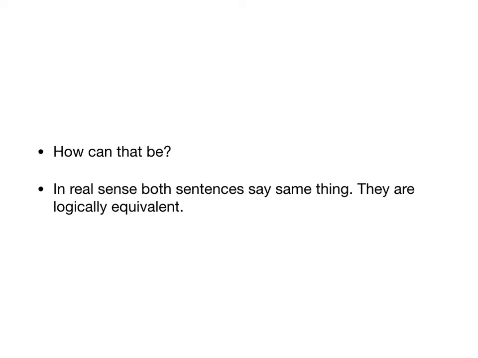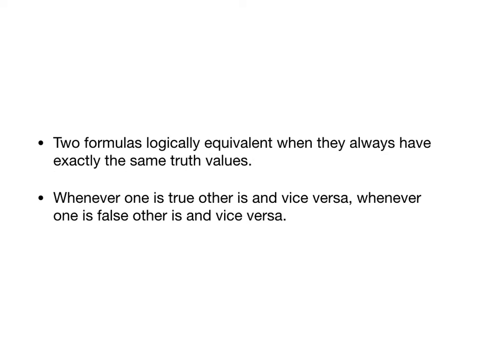And what sense is that? Well, in the sense that we're interested in logic, they are logically equivalent. So what does logically equivalent mean? Two formulas are logically equivalent when they always have exactly the same truth values. And what that means is whenever one is true, the other is true, and vice versa. And whenever one is false, the other one is false, and vice versa.